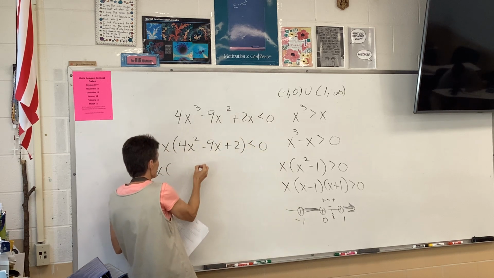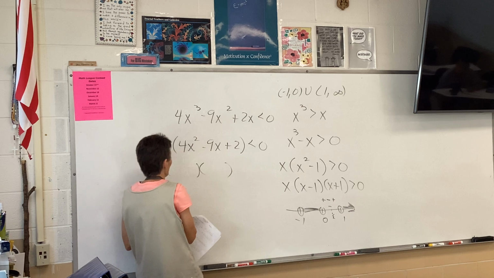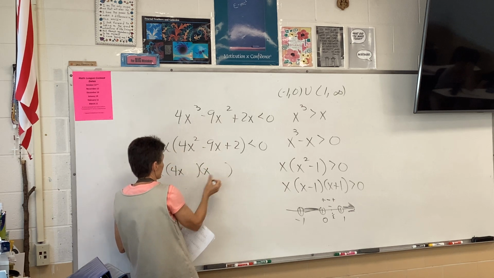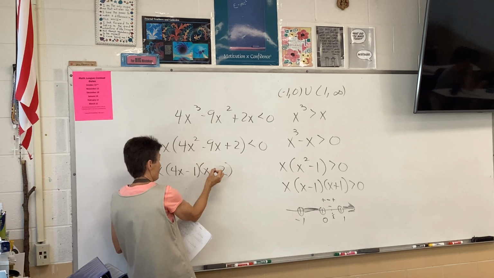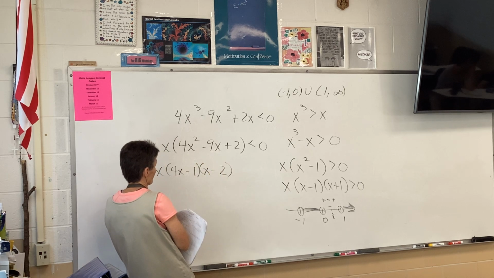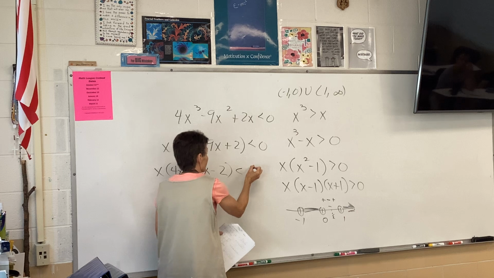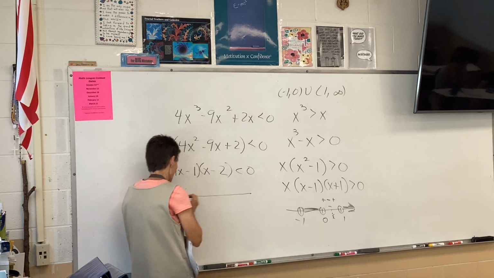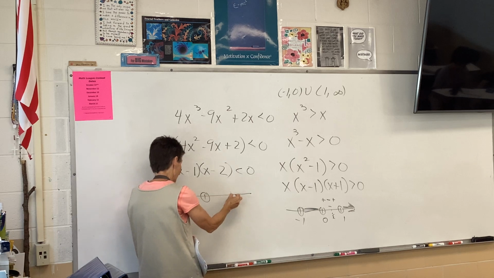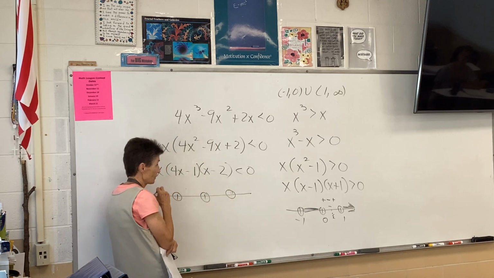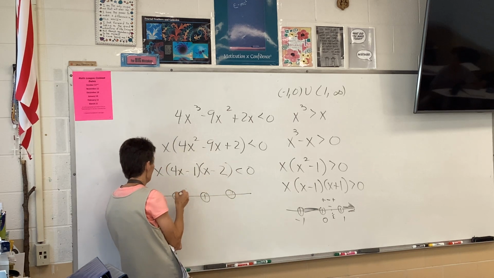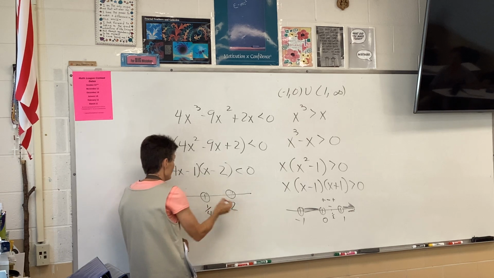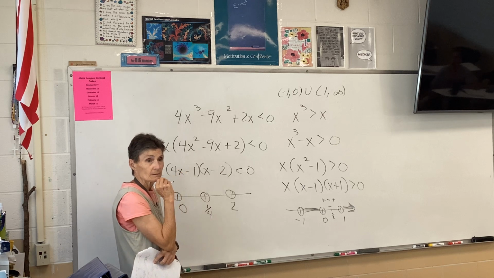And this one's a little tougher to factor than that one was, but it looks like 4x, x, 2, 1 maybe. And then on my number line, again, 3 dots. 0, 1/4, and 2 will be my zeros.